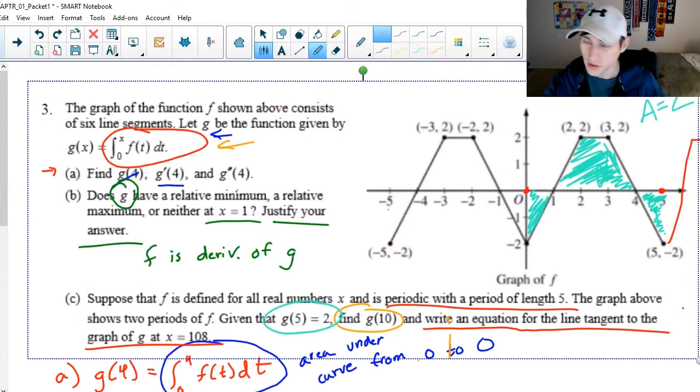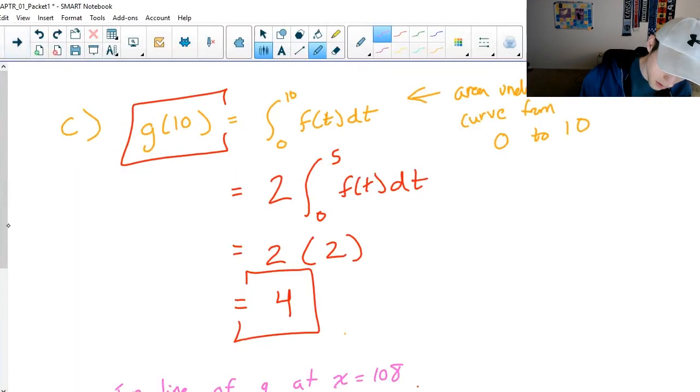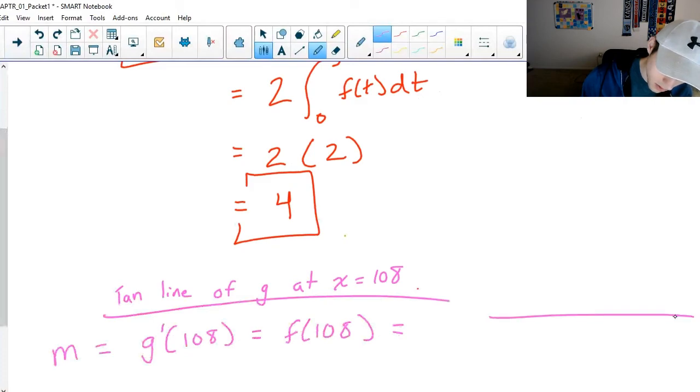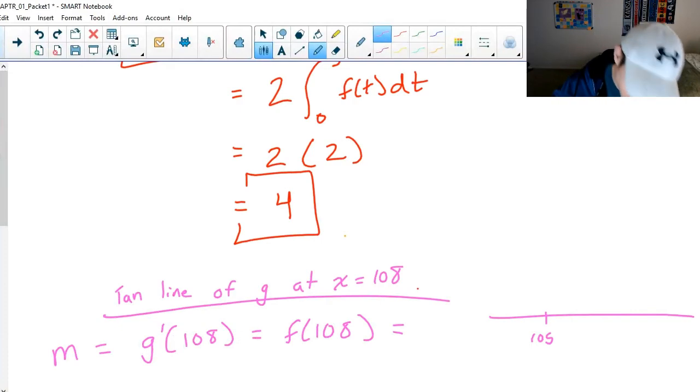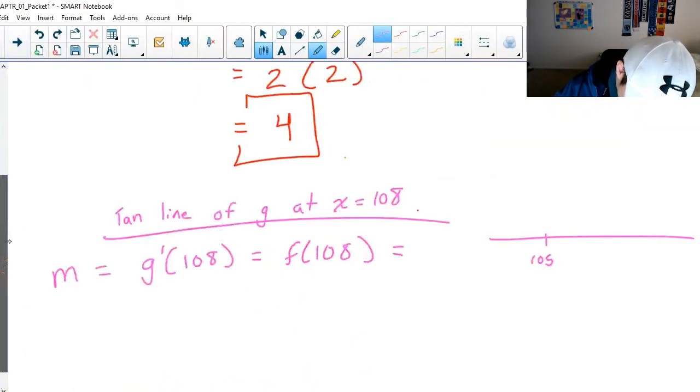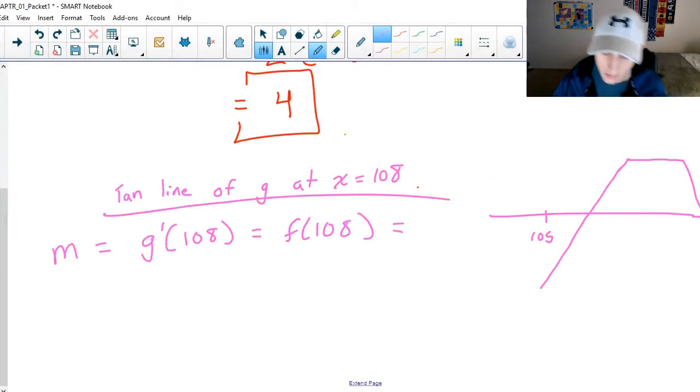So if I think about multiples of 5, trying to get to 108, 105 is when a new period will start, and it'll look like this.